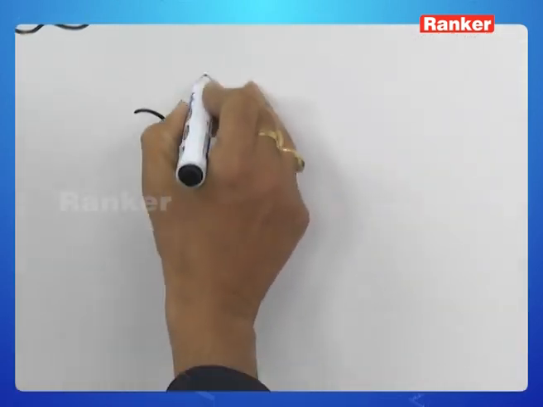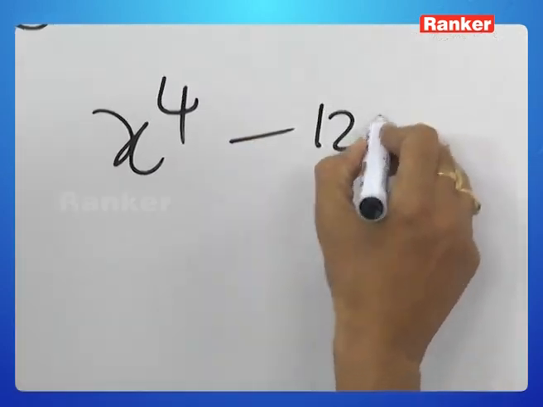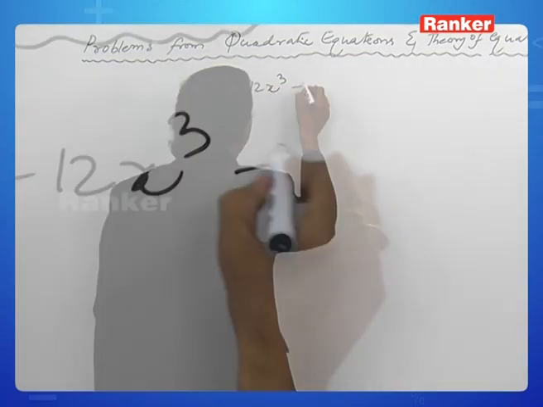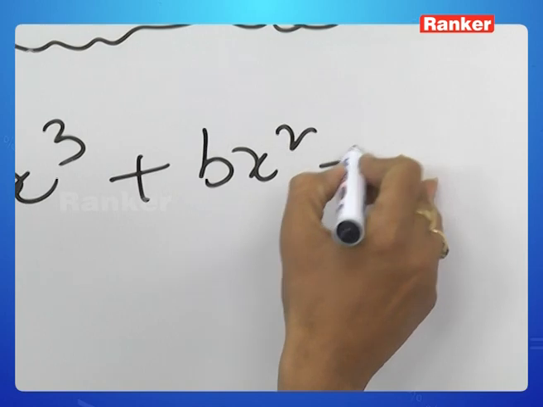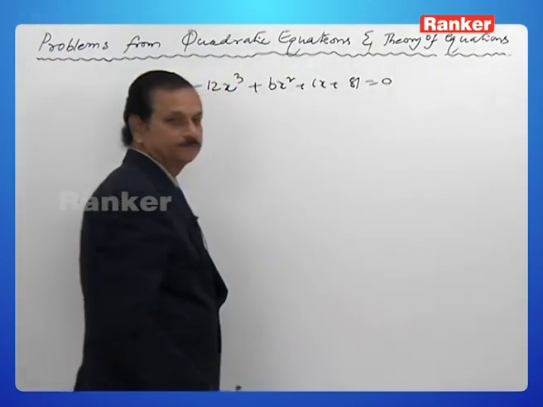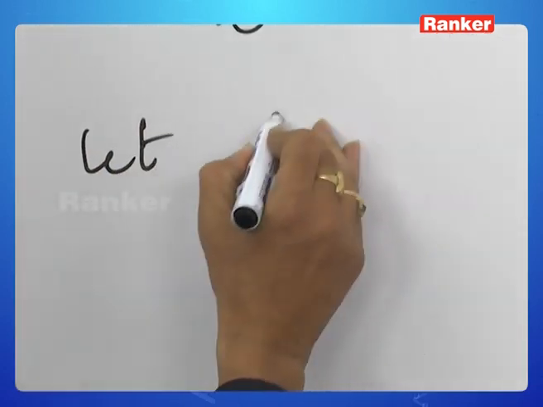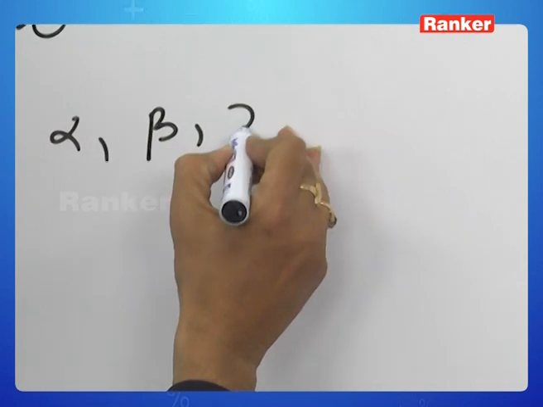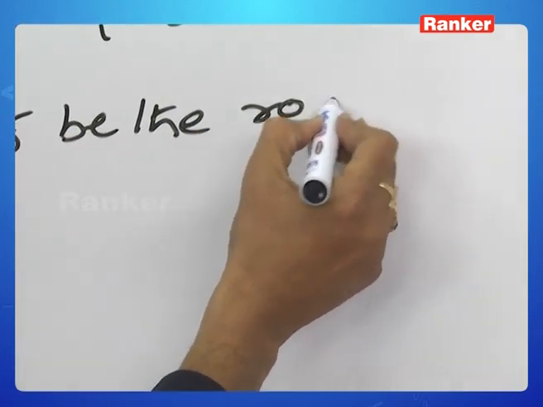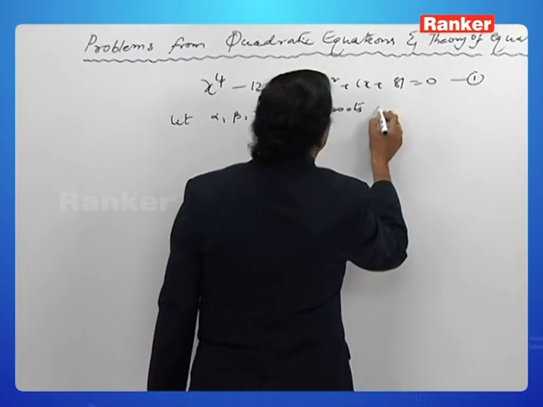X power 4 minus 12x cube plus bx square plus cx plus 81 is equal to 0. Okay, let me assume that alpha, beta, gamma, delta be the roots of the given equation. I am naming it as 1.